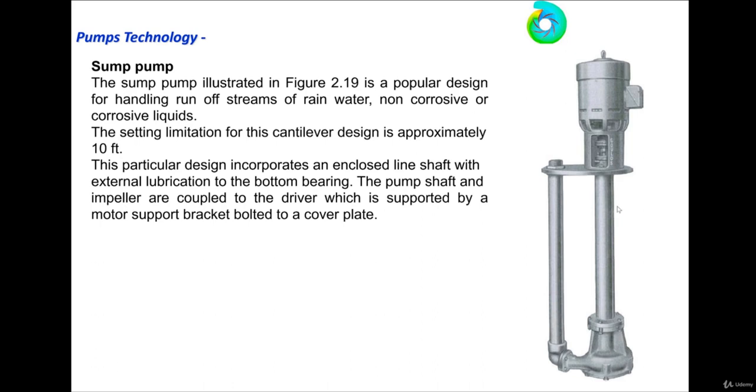This particular design incorporates an enclosed line shaft with external lubrication to the bottom bearing. Along the shaft, these are the sleeves. These sleeves can be lubricated either by grease, an automatic greaser, or by the pumped fluid. Okay.